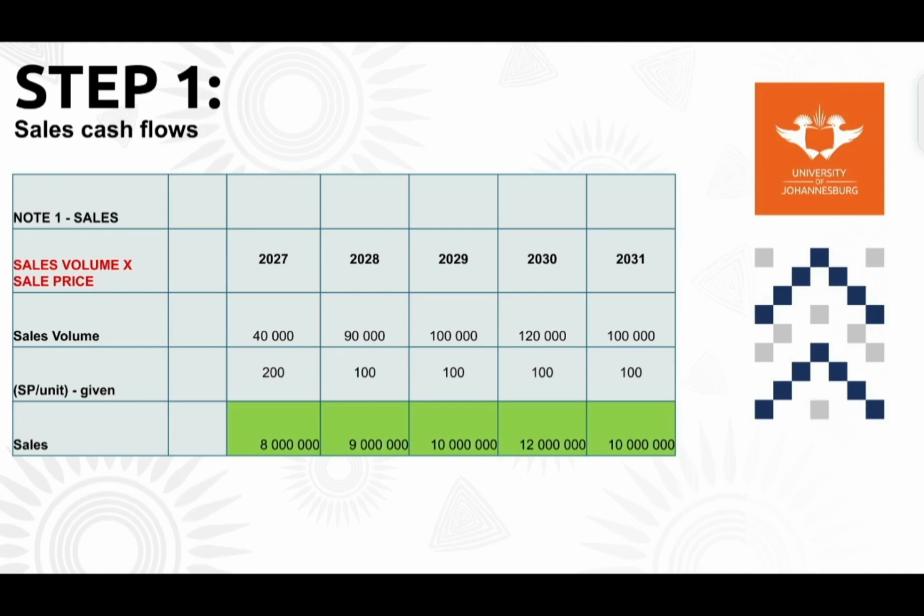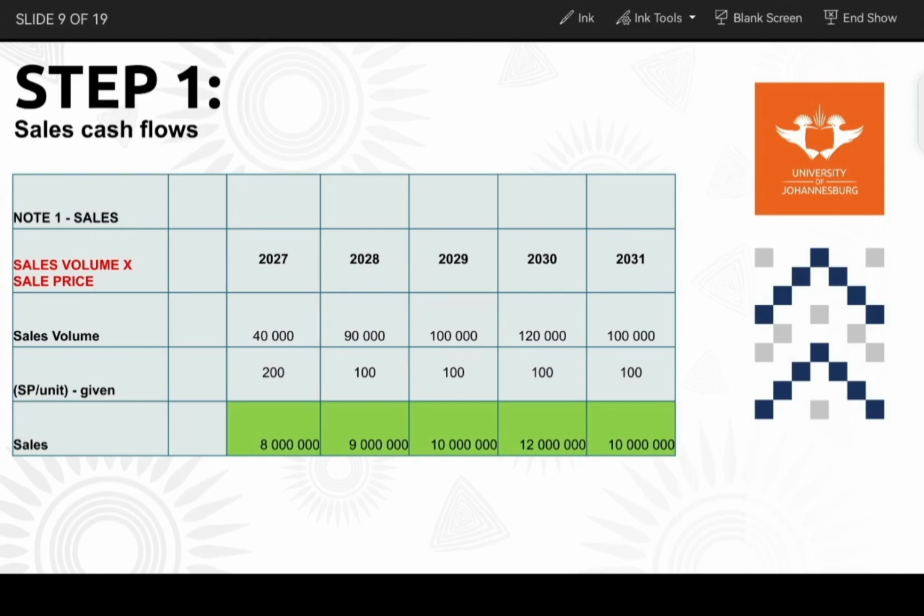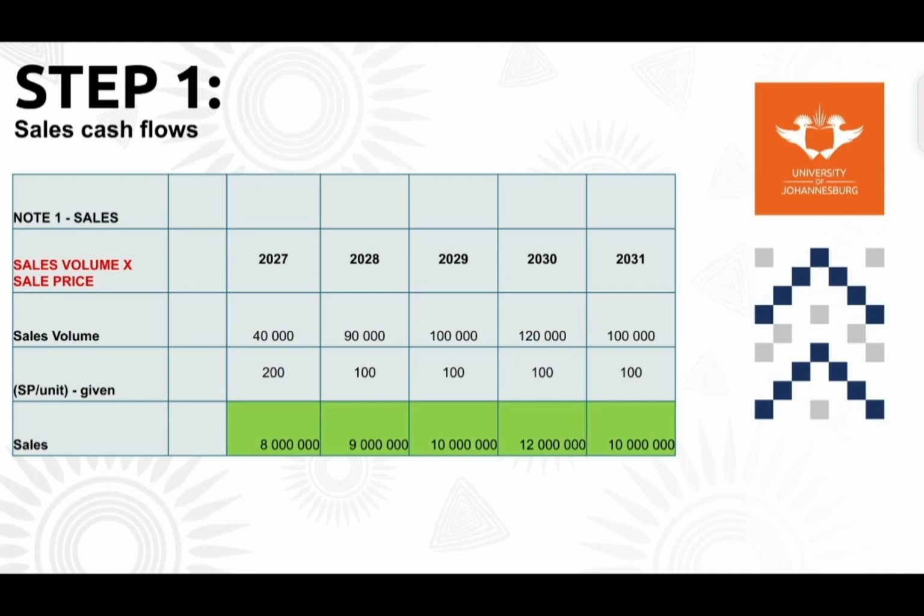Here we are looking at the sales volume. You take the individual selling price that was given to us. We were told that in 2027 the product is going to be sold at 200 rand, and then moving forward from 2028 all the way to 2031, it's only going to be 100 rand.